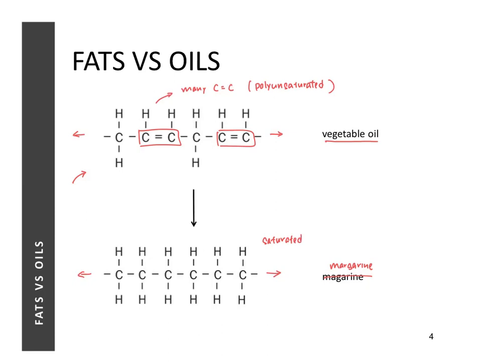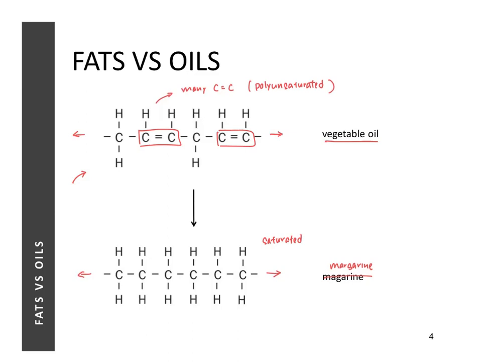In the industry we can actually make margarine by converting vegetable oil into margarine. Now how do we do that? What have we learned in the past 2 lessons that will allow us to convert vegetable oil into margarine?